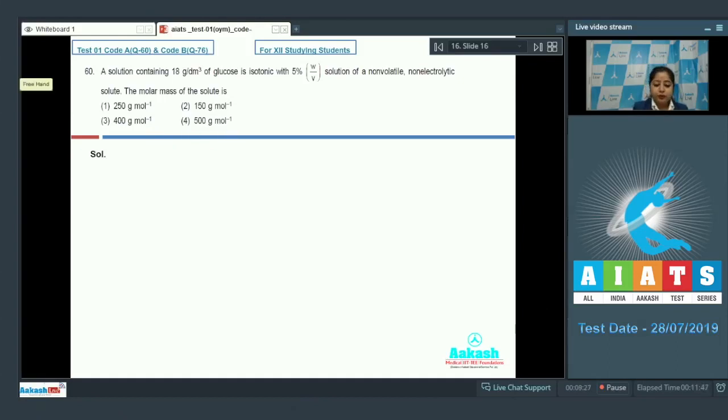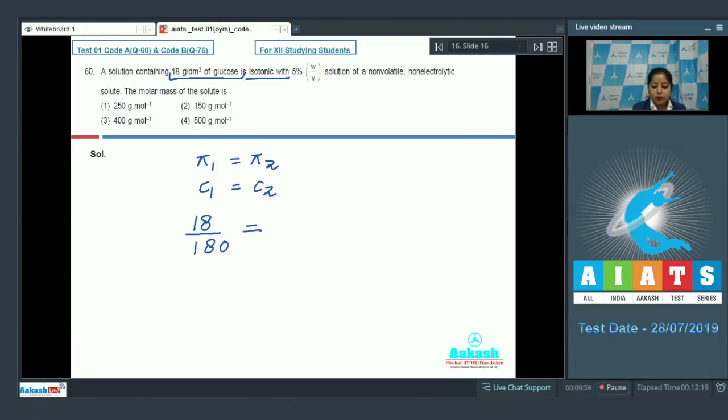First of all, we need to know that for isotonic solutions, the osmotic pressure of the first solution will be equal to the osmotic pressure of the second solution. By this, we can conclude that the concentration of both solutions will be equal. That is, the concentration term for the first solution, that is the solution of glucose, will be equal to the concentration of the non-volatile solution. So we can calculate the concentration of the glucose solution, which is 18 upon 180, as the molar mass of glucose is 180.